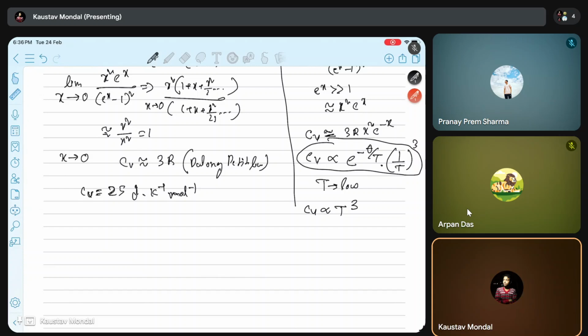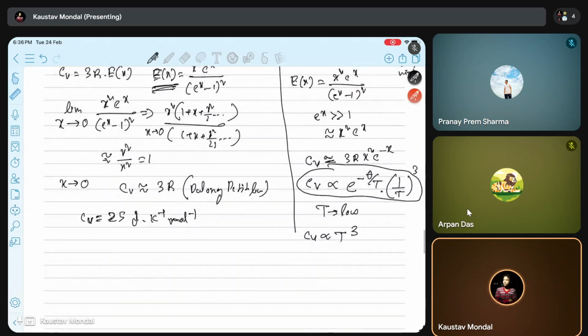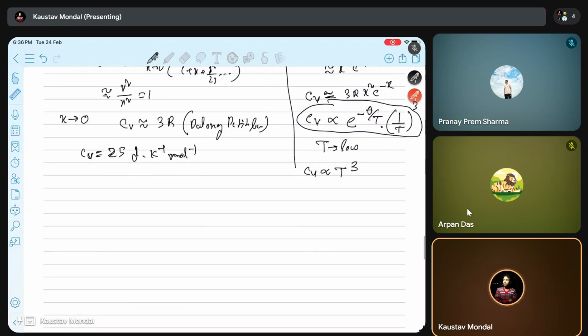If you plot a diagram, it looks like this, Cv with respect to T. In an approximate way, it follows what we have observed experimentally, but it's not giving the T to the power 3 format that was experimentally observed.